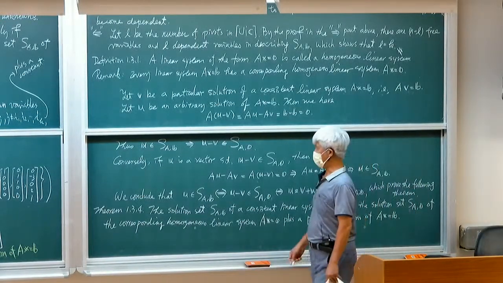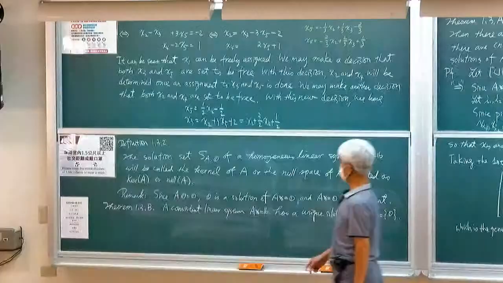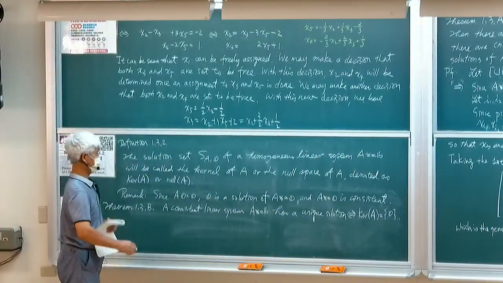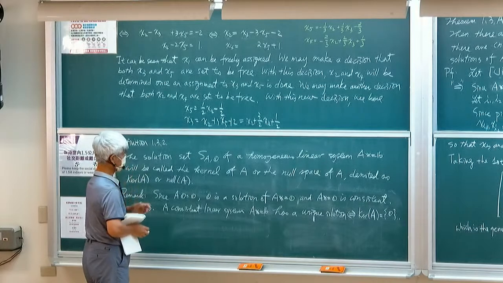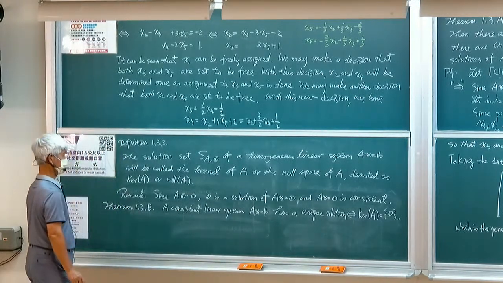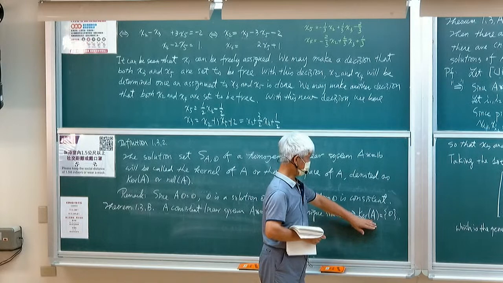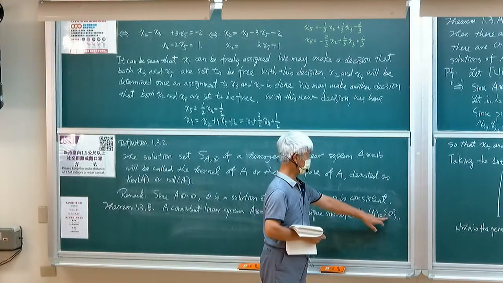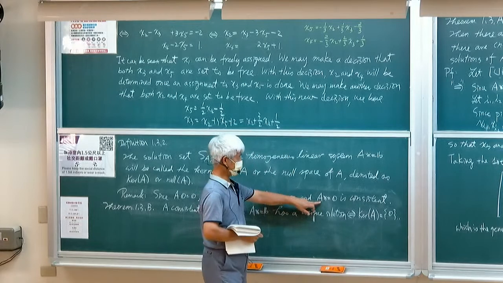Okay. Now, if the kernel of A has a non-zero solution, I mean that, because 0 is always a solution of the homogeneous linear system.